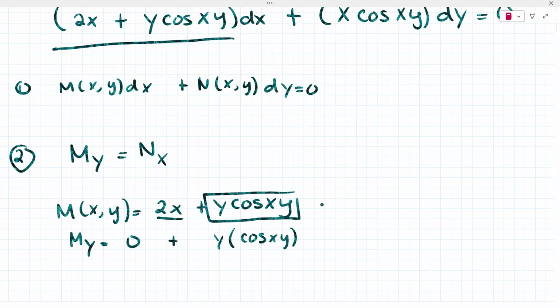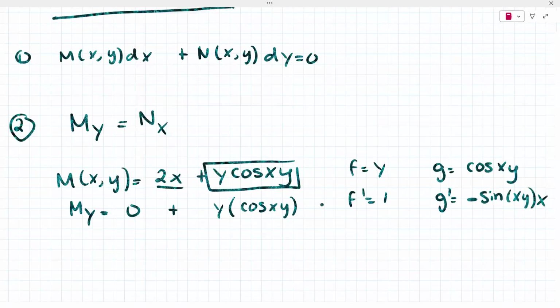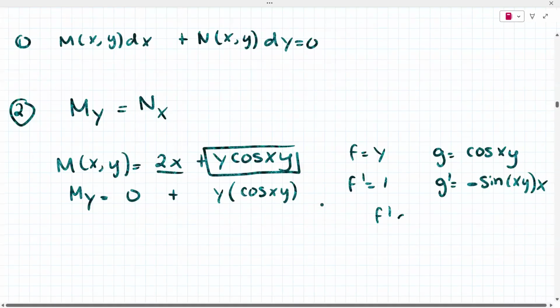My f is y, my f prime is 1, my g is cosine of xy, my g prime is negative sine of xy times x. And then you just apply the product rule, f prime g plus g prime f.